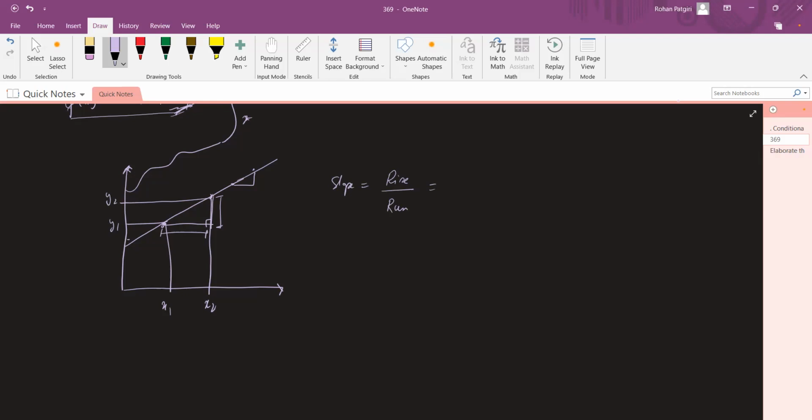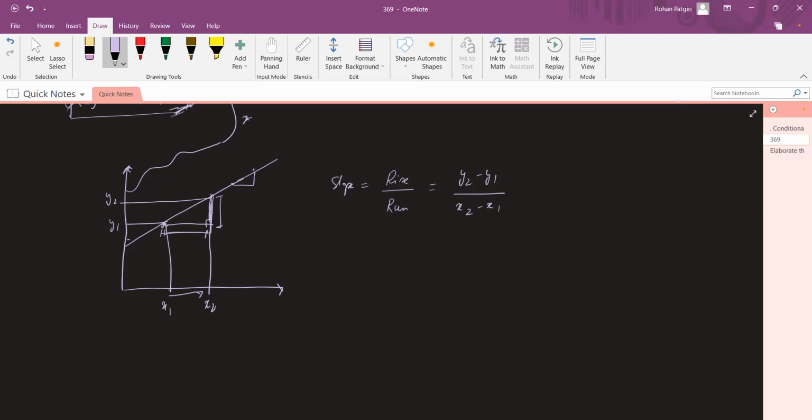We can find it by measuring this distance, and this distance can be measured as y2 minus y1. Run means how much horizontal distance it has covered from this point to this point. It's this distance, and you can get it by x2 minus x1. So is this clear so far? Yeah, it's clear.